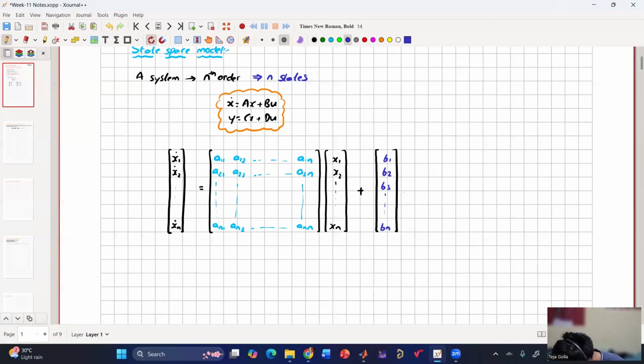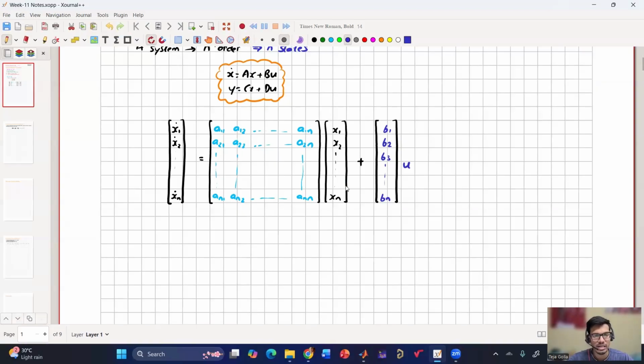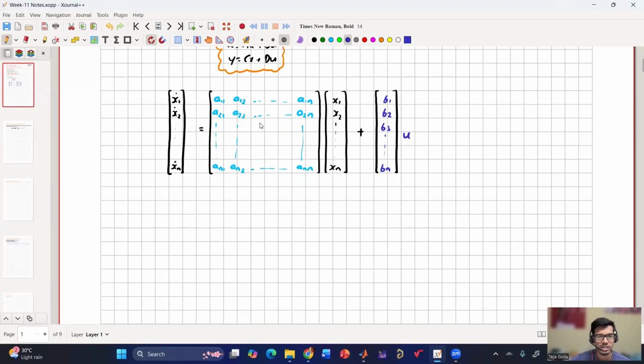So U. So these are the details of the first equation. Now if we go to the second equation, again I'm considering a single output, but it can be multi output also, but for the time being I'm considering a single output.